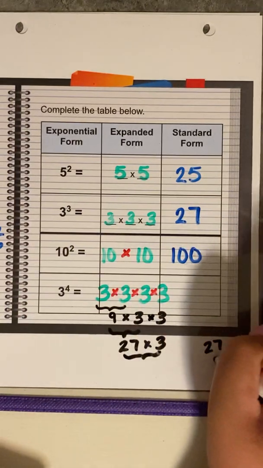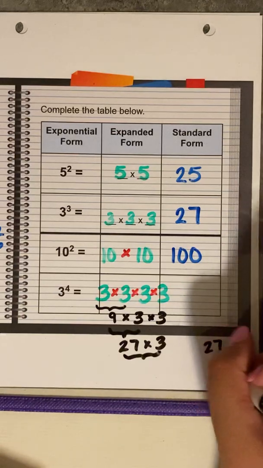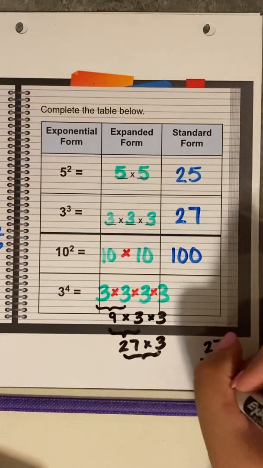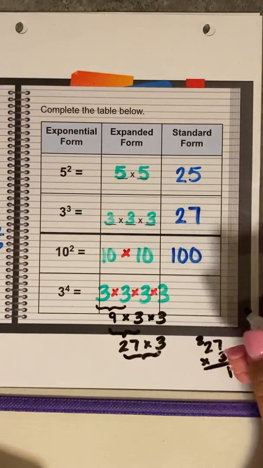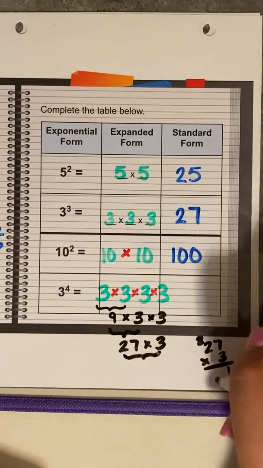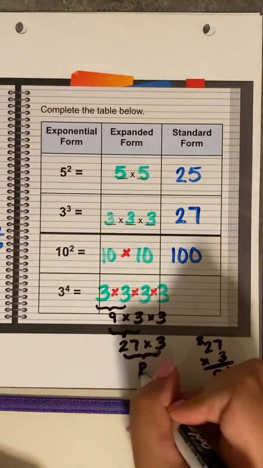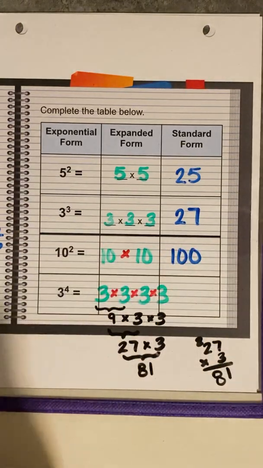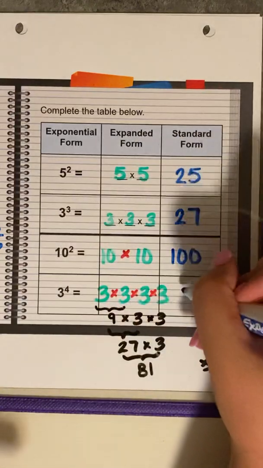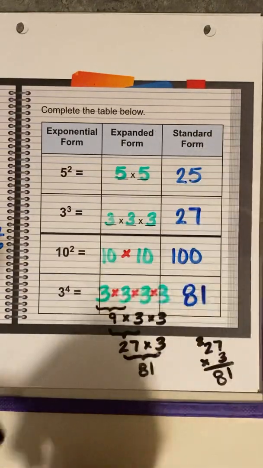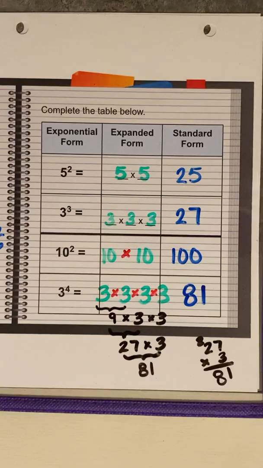You can do 27, 27, 27 and add them, but you can do 27 times 3. 7 times 3 is 21. 3 times 2 is 6 plus 2. Sorry, that looks like an 8. Is 8. So our answer here is 27 times 3 is going to be 81. And 3 times 3 times 3 times 3, or 3 to the 4th power, does indeed equal 81. That is our standard form.